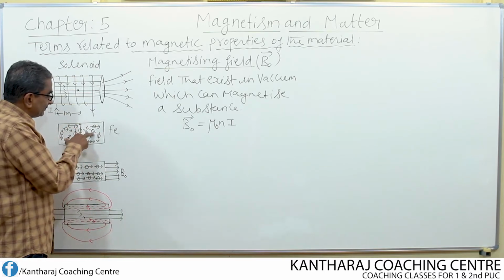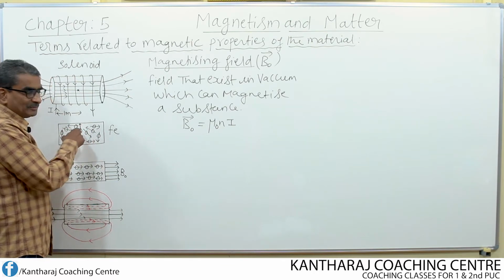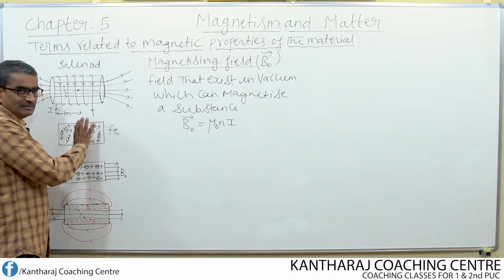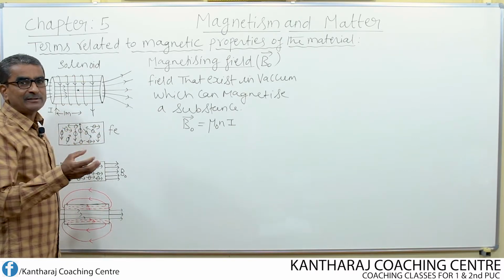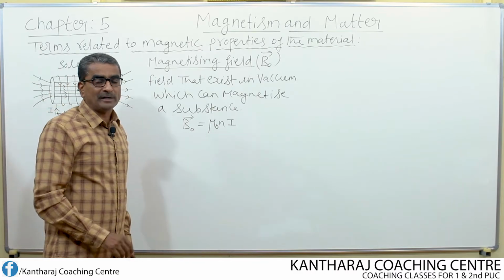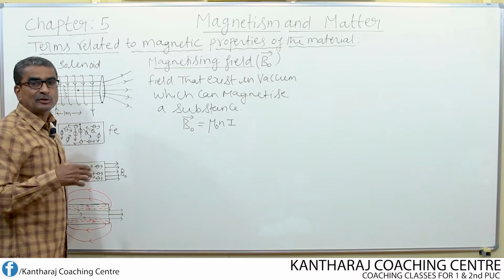Every iron atom behaves like a tiny magnet having its own magnetic dipole moment, but the net magnetic dipole moment is equal to 0.